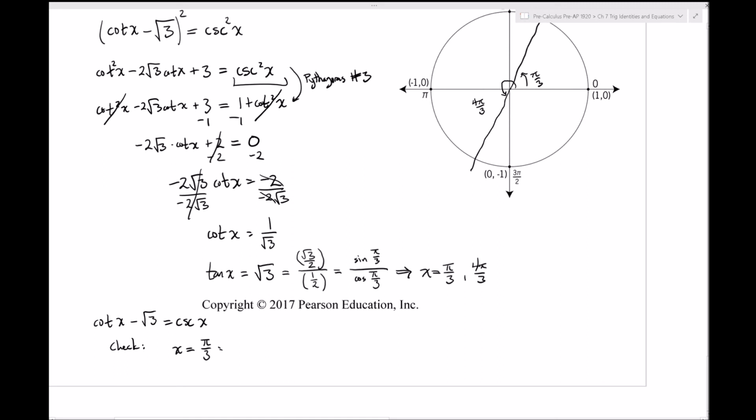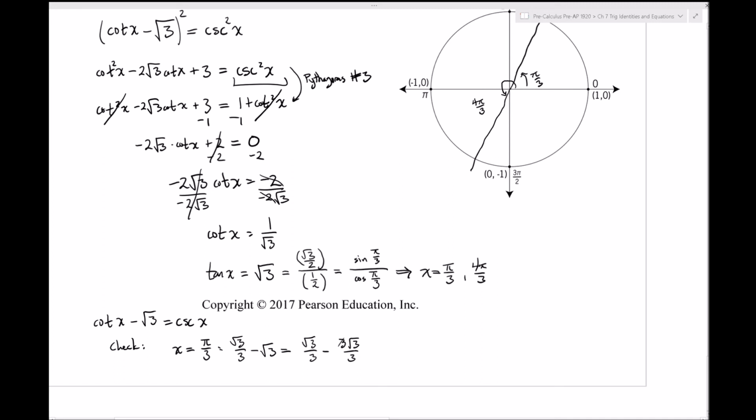So when x equals pi over 3, you plug in pi over 3 for cotangent, and you're supposed to get square root of 3 over 3, minus square root of 3, and that's where this is going to hurt. So I have to subtract those two. We think of this as square root of 3 over 3 minus 3 square root of 3 over 3.